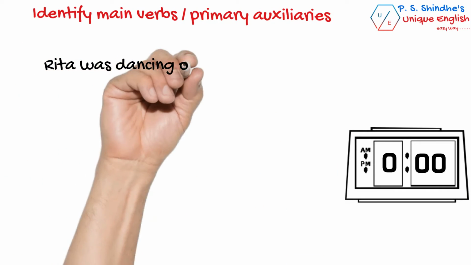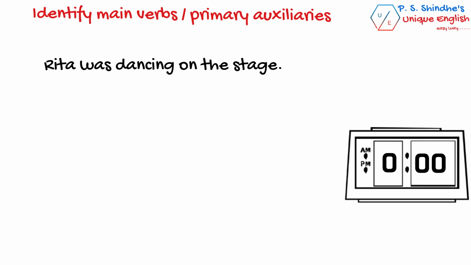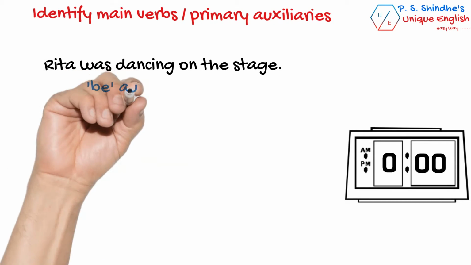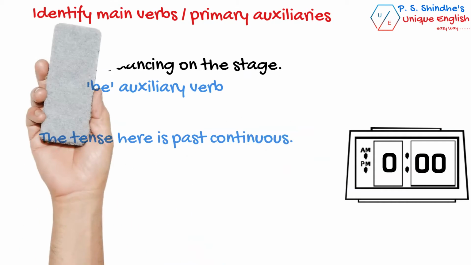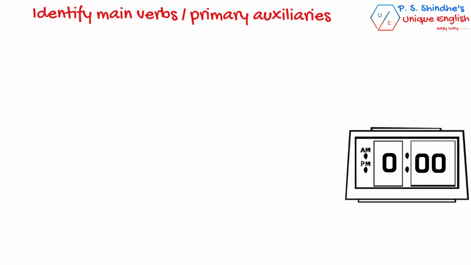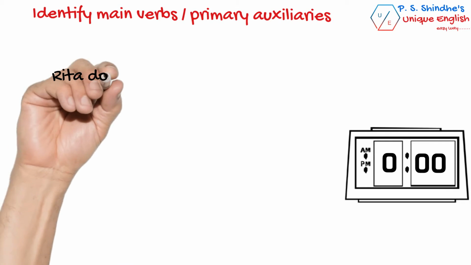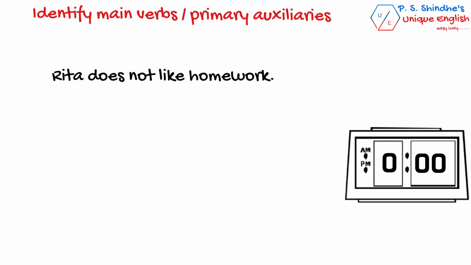Rita was dancing on the stage. Here the auxiliary is be. It shows the progressive time reference of Rita's dance. The tense is past continuous. Rita does not like homework.